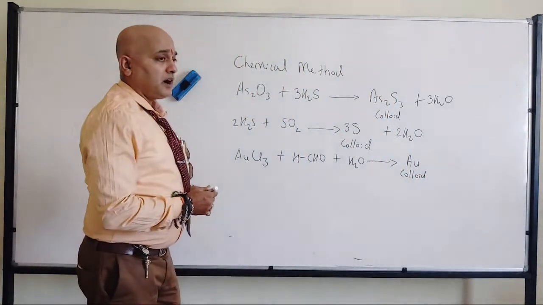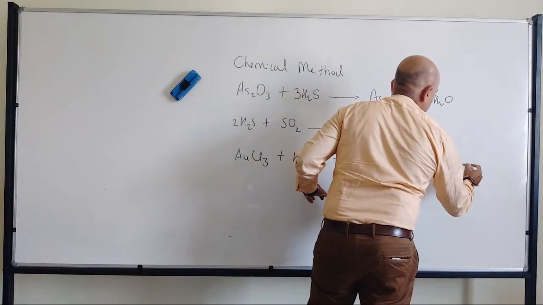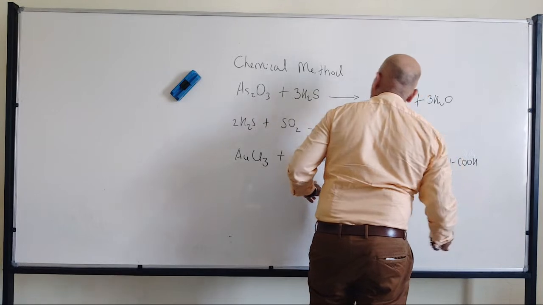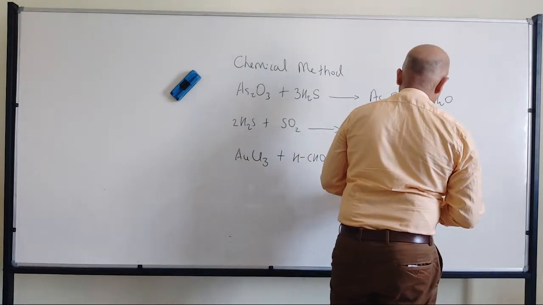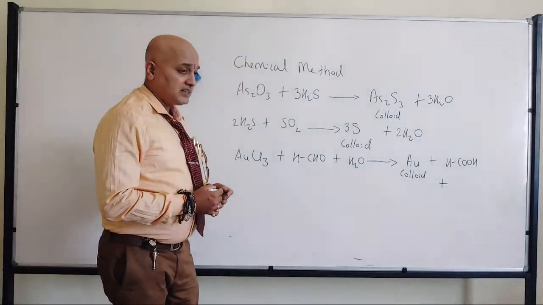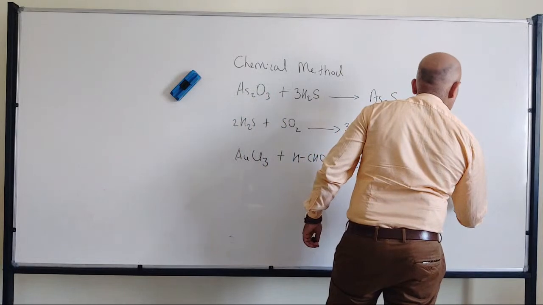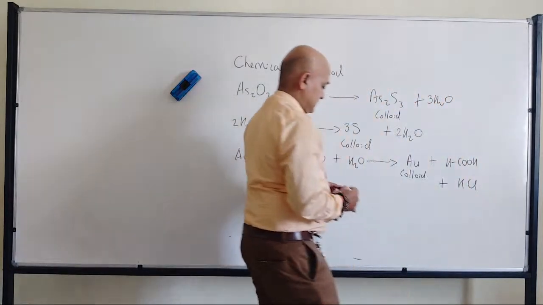Okay. Now another product will be formic acid. And naturally, since chlorine is present on the left hand side, chlorine should be there on the right hand side.